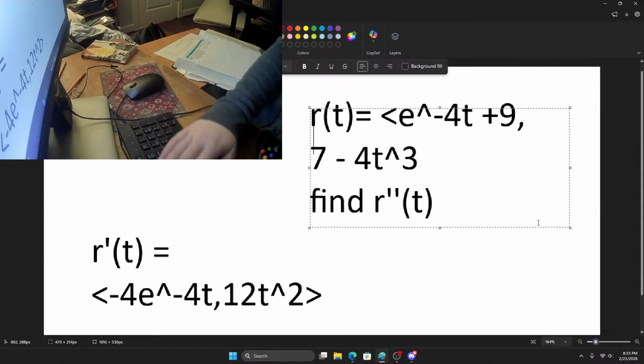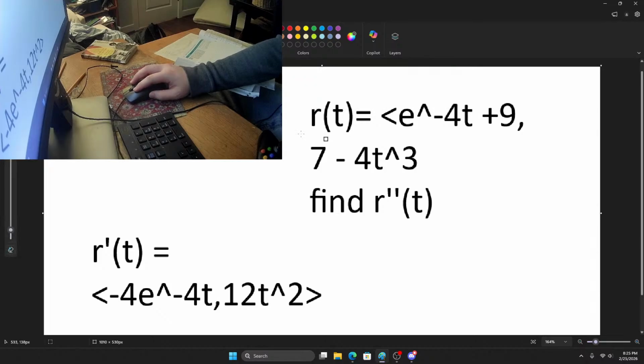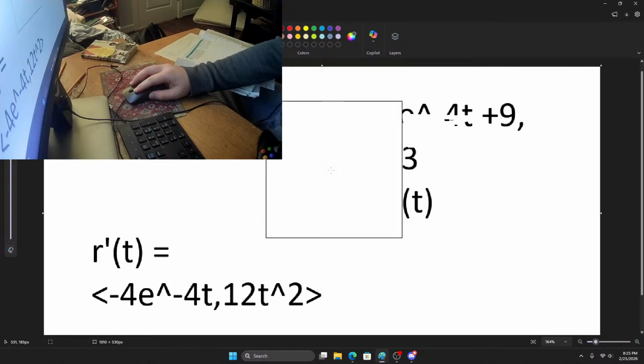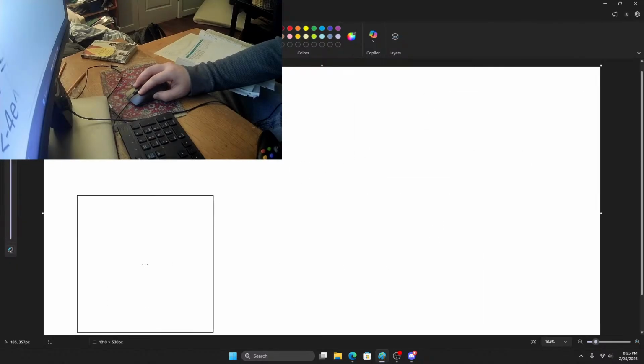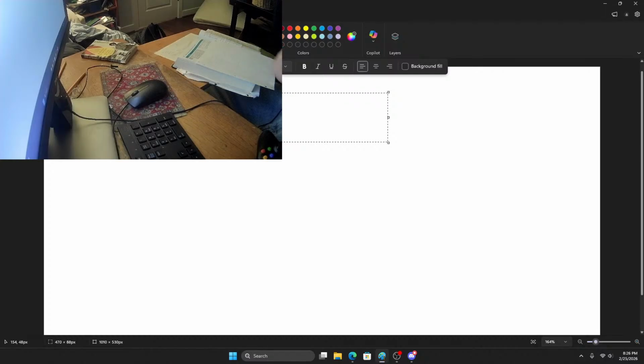Can I not select this and delete it? No, I have to do this. That's fun. I have two problems missing here.